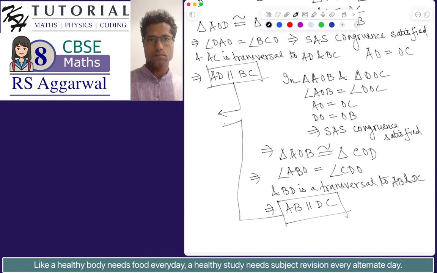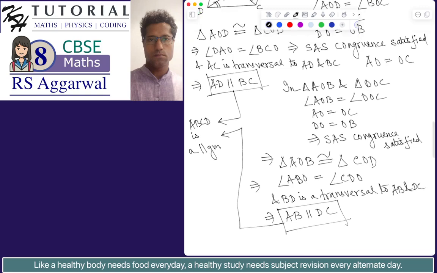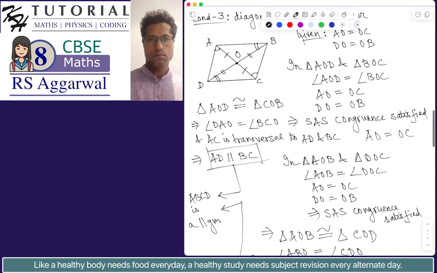Sorry for my weird explanation. These two facts will imply that the two pairs of opposite sides are parallel. Hence, the quadrilateral ABCD will be a parallelogram.